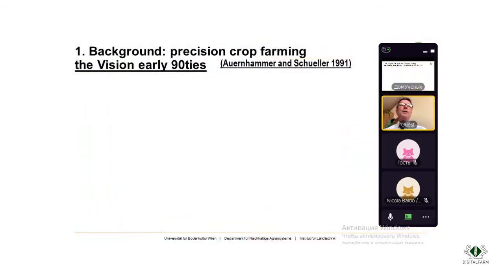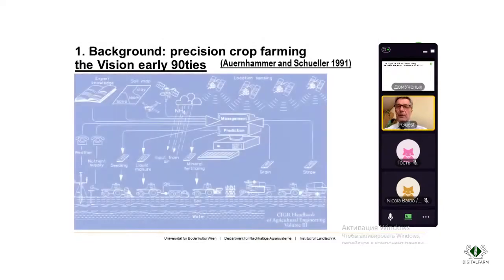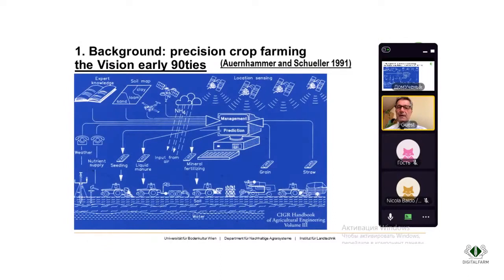If we have a look at the international journals, like journals from the CIGR, the World Association of Agriculture Engineers, we can see that already in the early 90s this was the cover of a special issue related to precision crop farming.